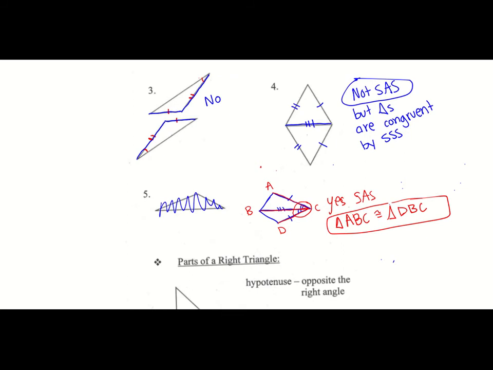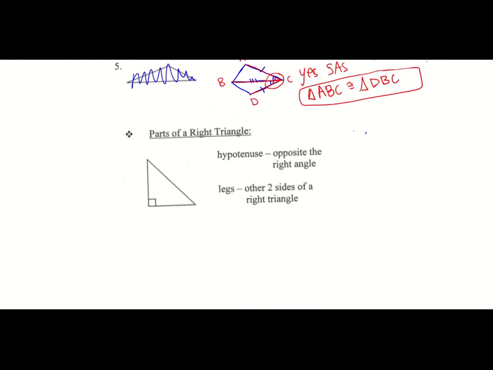Our final piece down here is just a quick review of the parts of our right triangle. So it's important to know that when we have a right triangle, the side straight across from our 90-degree angle is called our hypotenuse.